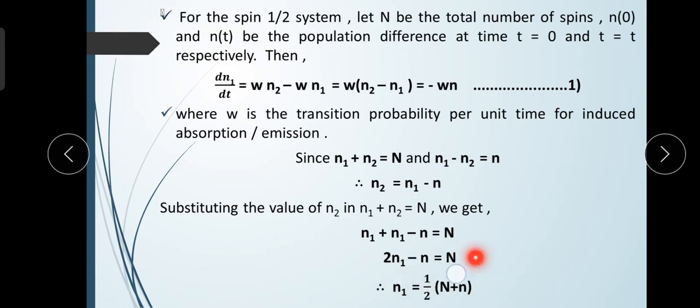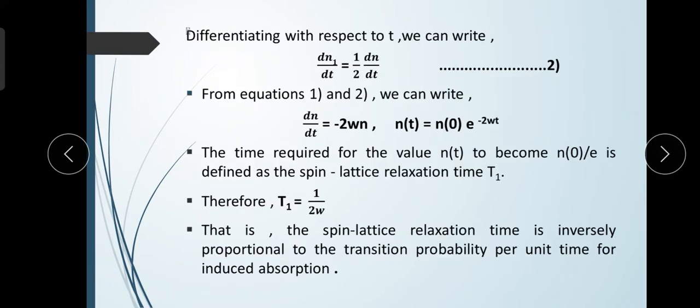Now if we differentiate this equation with respect to time, we get again the rate of change of the number of spins occupying the lower energy level, and after that we can equate these two equations. So differentiating with respect to t, we can write dN1 by dt is equal to half dn by dt.